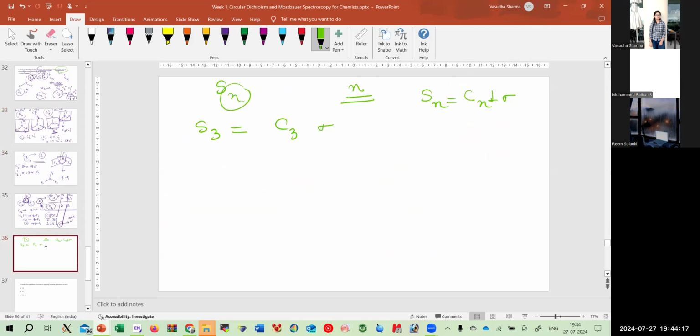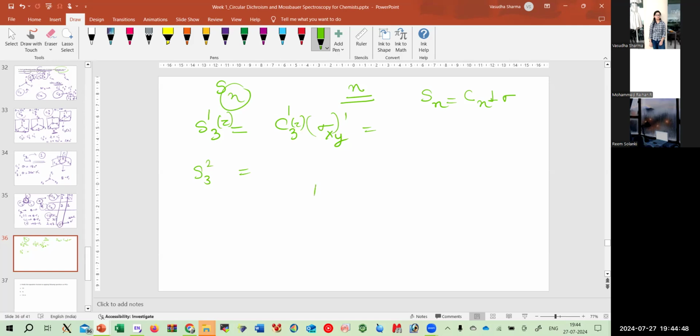Similarly, in S3 you have to take multiples until you reach the identity. Say S3^1, S3^2. S3^1 is C3^1 and sigma one time multiplication. If it is along the z-axis, then sigma would be along xy. This has already been cleared, right? Now, C3^1 and sigma xy^1, you need to apply this.